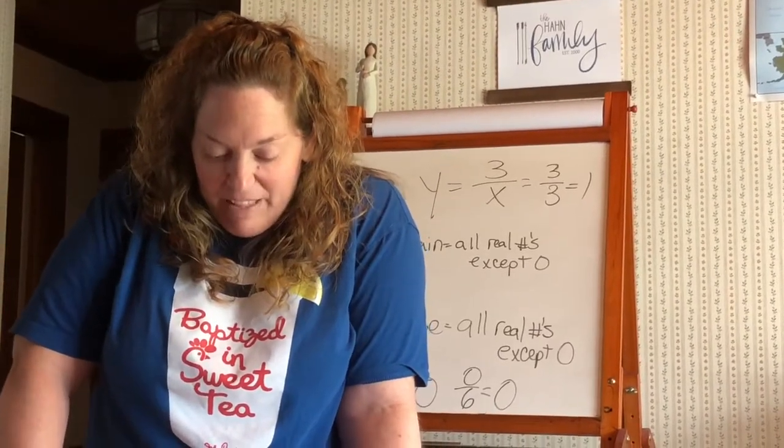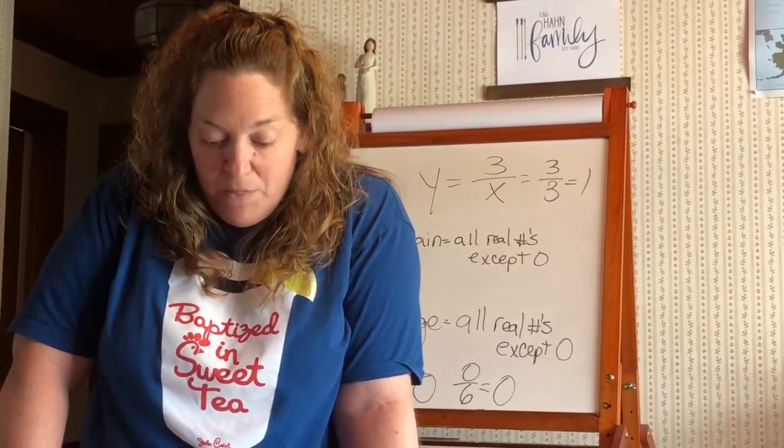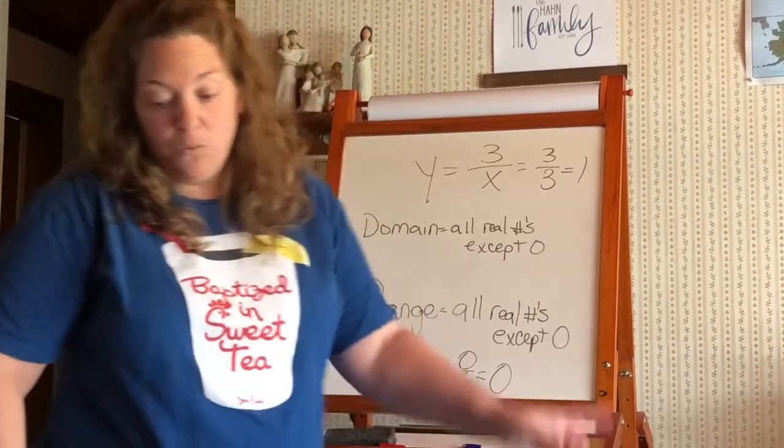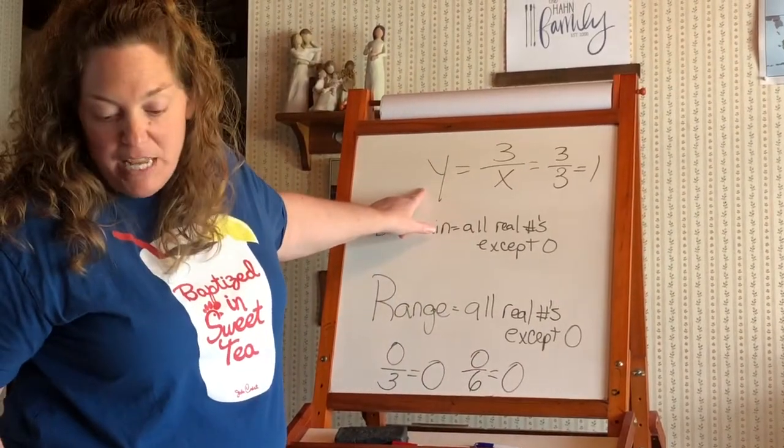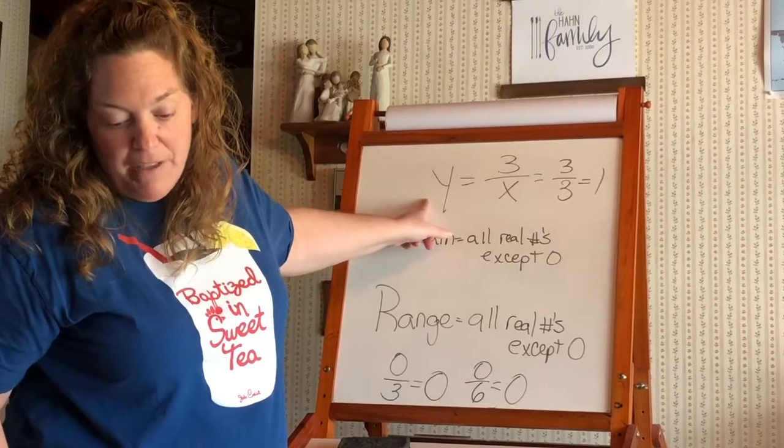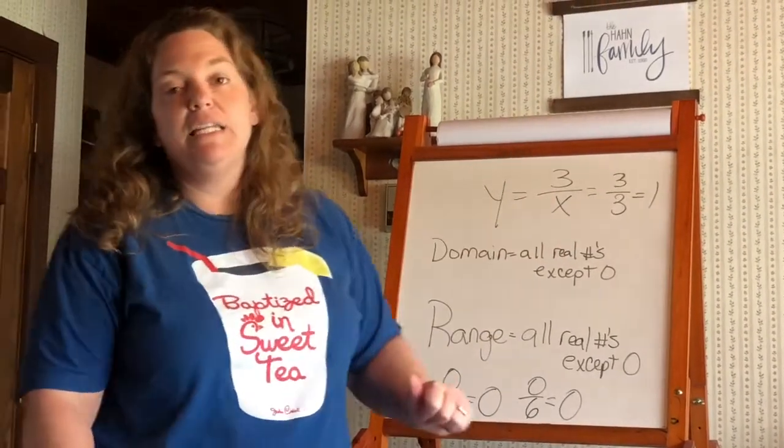Number 1, in a function, the variable that's by itself on one side is the dependent variable, and the variable on the other side is independent. That is true.